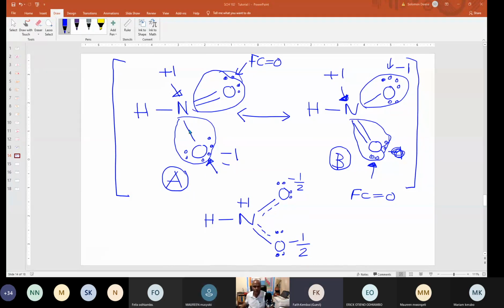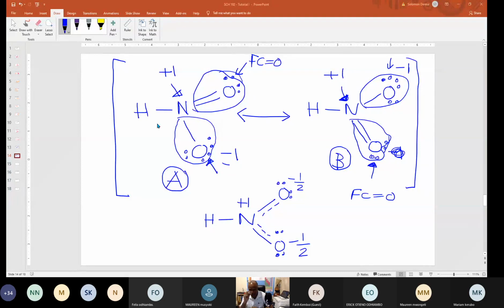Okay? Yes, so when you are told write the Lewis structure or write the Lewis structures, structure and structures is the same, it means the same question. Yes, because you remember that a resonance structure came as a result of the fact that we were unable to represent the structure of the molecule by a single Lewis structure.